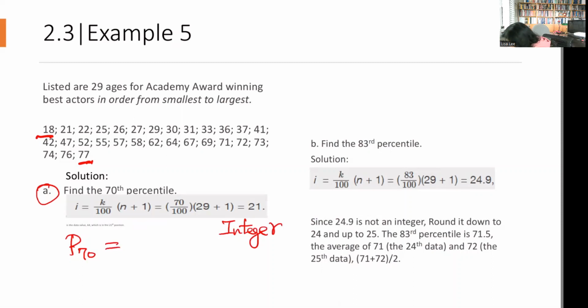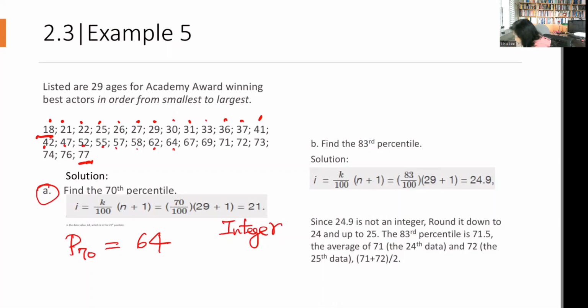Then we just count from the given data: 1, 2, 3, 4, 5, 6, 7, 8, 9, 10, 11, 12, 13, 14, 15, 16, 17, 18, 19, 20, 21st. The 21st value is 64. So that's the answer: the age of 64 is the 70th percentile.